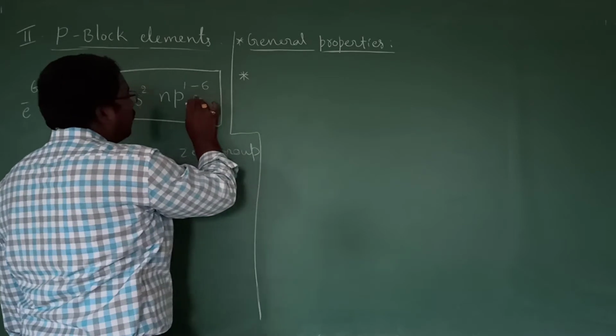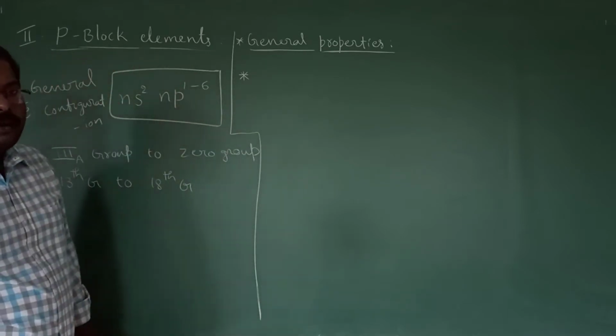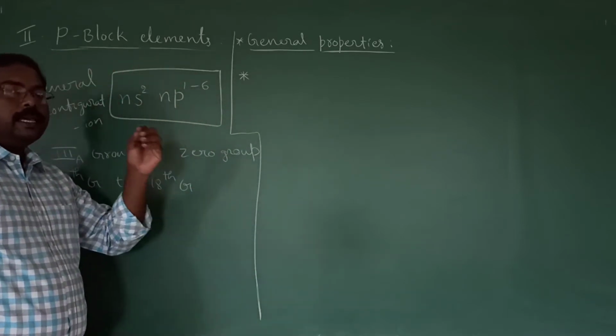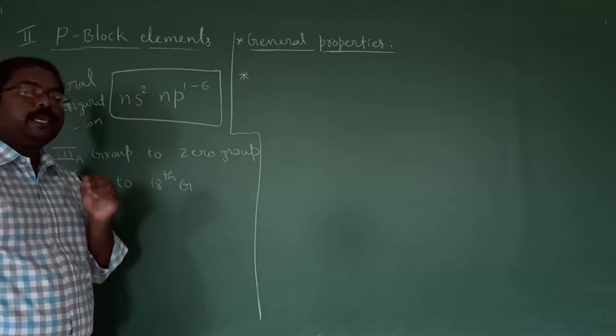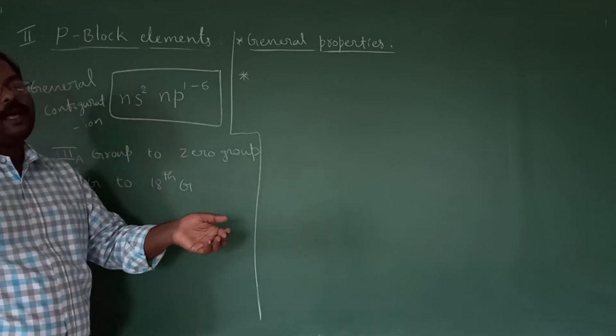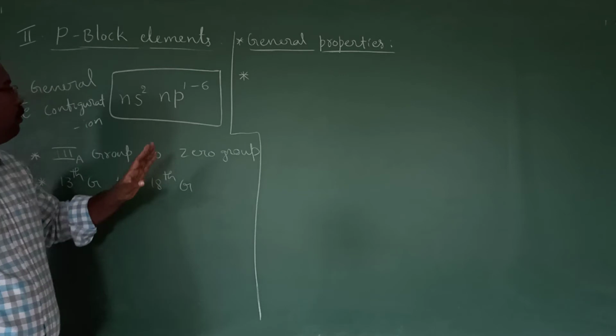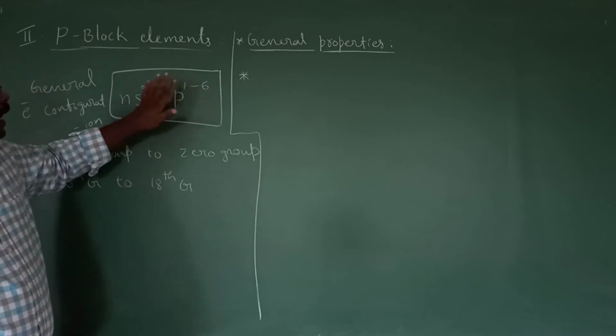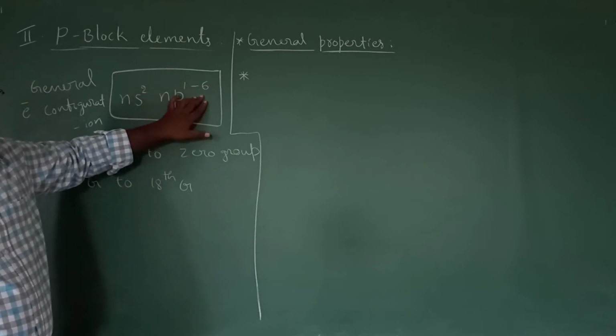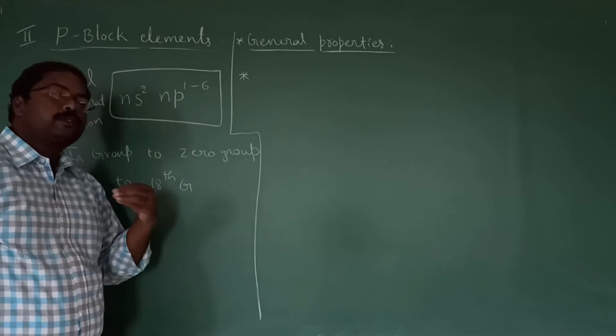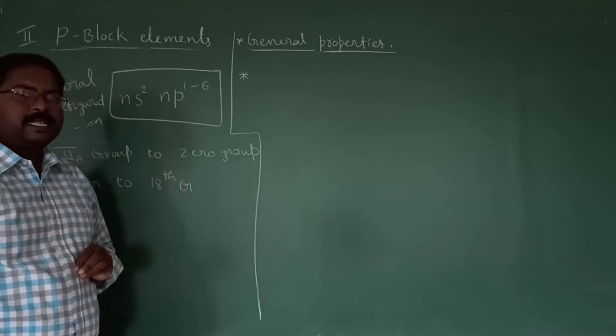Now, based on that, if you observe the oxidation state, in the case of s block elements, they exhibit either +1 or +2. But because of so many electrons in the valence shell, p block elements show different oxidation states.